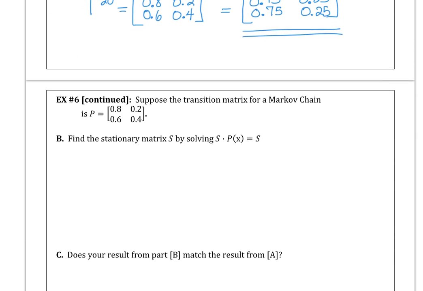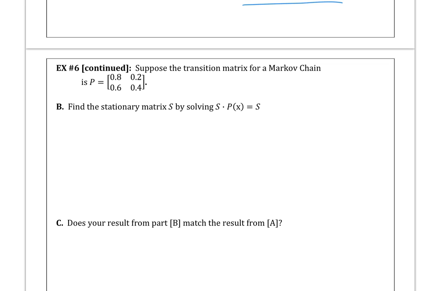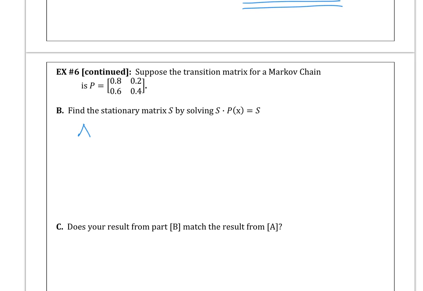Continuing on in that example, suppose the transition matrix is P, and we want to find the stationary matrix S by solving S times P equals S. So what they're saying is I want some A B to be multiplied by P, 8/10, 2/10, 6/10, and 4/10, and I want the answer to be A B. So how do we do that?